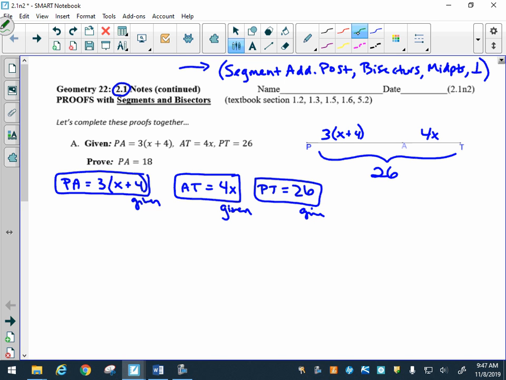So we're going to basically state the segment addition postulate here in a general way. PA plus AT equals PT. Segment addition postulate. We're not going to plug any x things into it yet. We're just going to apply the postulate, which is the general.